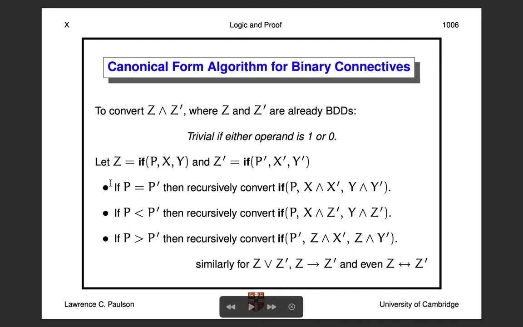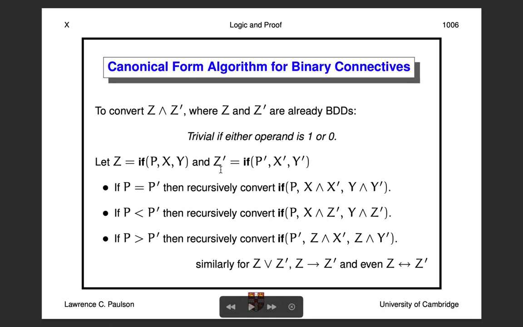I want to stress the easy case because I know this is not so nice. So to remind you, when I write if pxy, it's because I don't know how to draw diagrams so well. And so this, I really mean a BDD with p at the top, x branching from the true link for p, and y from the false link for p.